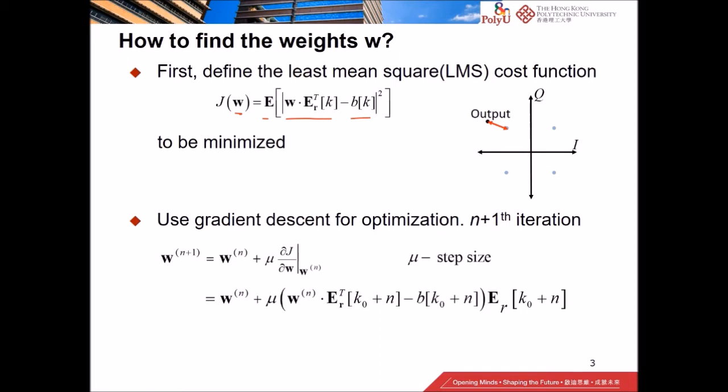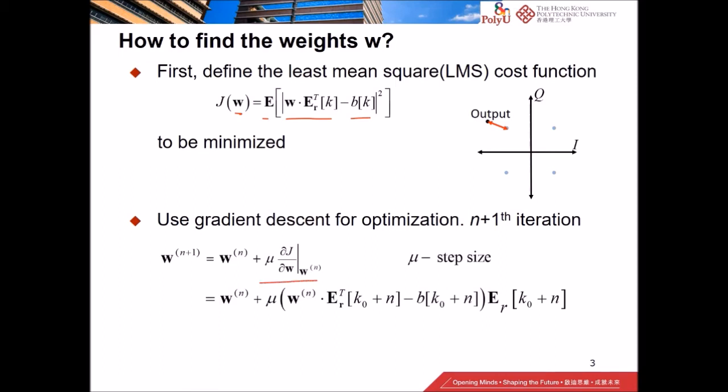Typically in all areas of numerical optimization, one of the major techniques is to use gradient descent. You start off with some initial estimate, and then you iteratively update the estimate of the optimal filter weights. Essentially, it is just obtained through gradient descent.